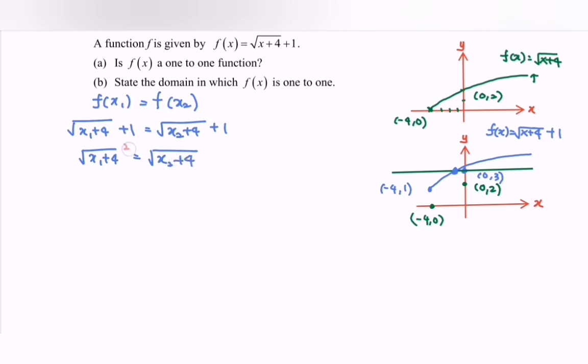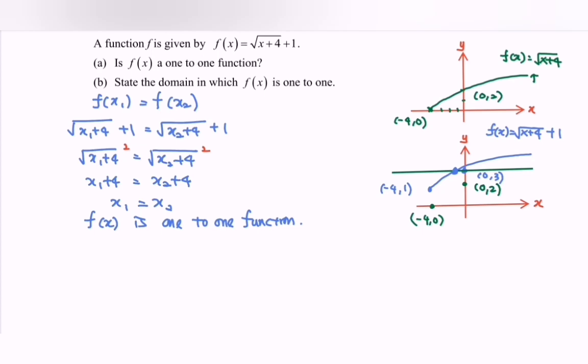Then we square both sides: x1 + 4 = x2 + 4. Again, simplify, and we will have x1 = x2. From here, we can say f(x) is a one-to-one function. Reason: because we have x1 equals x2.